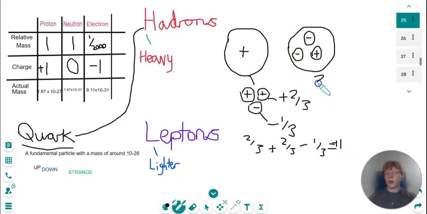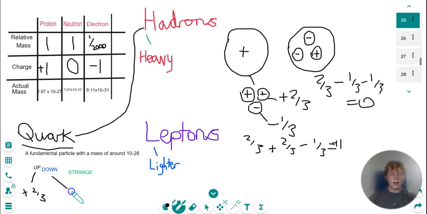In a neutron, we've got 1 positive, minus 1/3, minus 1/3, we get 0. So the main concepts I want you to get right now is an up quark has a charge of plus 2/3, and a down quark has a charge of minus 1/3.